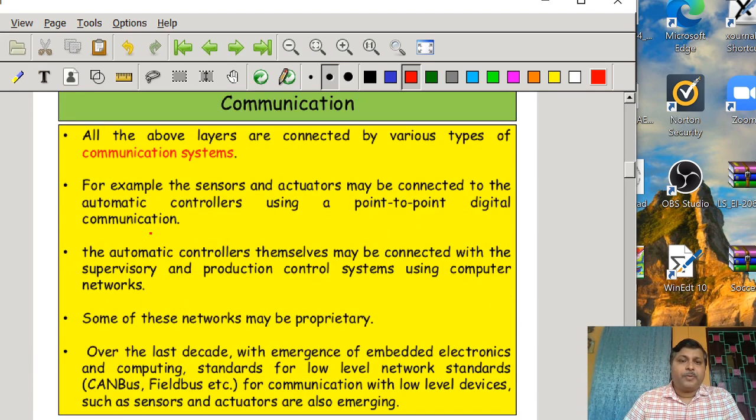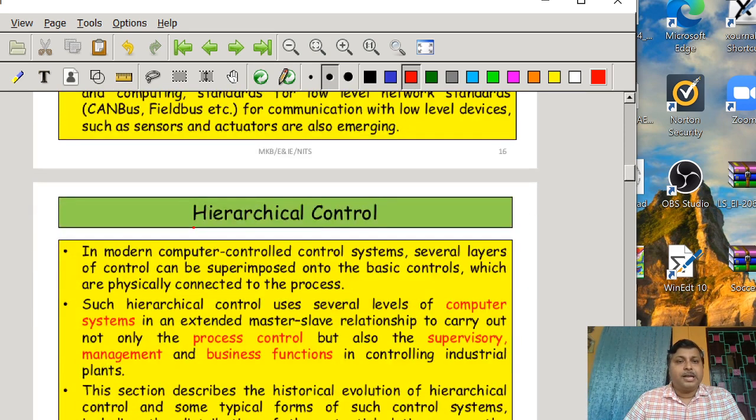Okay, so I think I will stop here, and next day we are going to understand hierarchical control. We want to understand how the role of the computer in process control has changed over time. Only then can we understand how the revolution has come in industry in terms of automation. So we are going to understand that in the next class.